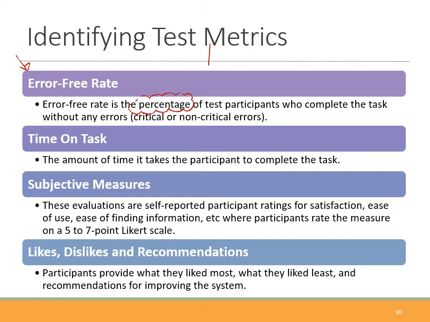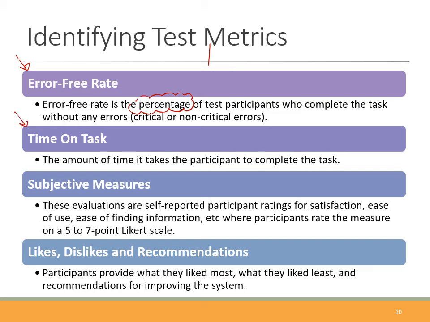Given a task, if the percentage of participants who never make any error at all is pretty high, then it means that your system is pretty easy, right? Every user can perform such a function without any mistake.